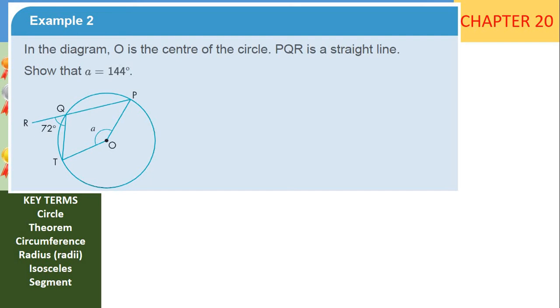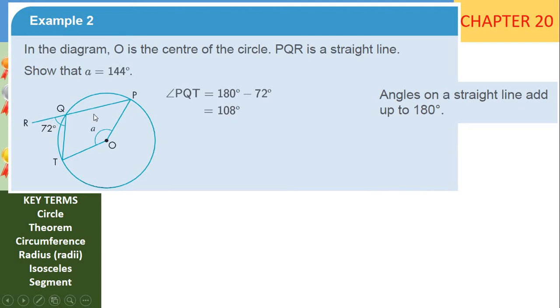Another example for you. We're given that the centre O, we're given PQR is a straight line, and it says show that A equals 144 degrees. Now we can't use 144 in our calculation. That is an answer we must get to. First thing we can do is to show that angles on a straight line.